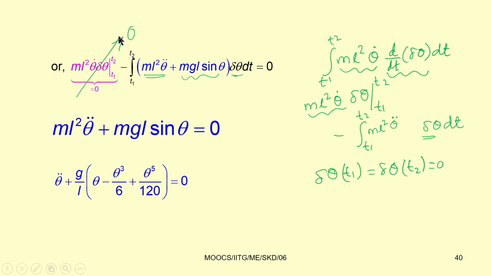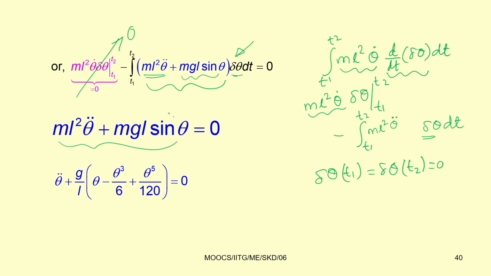And as delta theta is arbitrary, it cannot be 0, so for the integral to be 0 we must have this part equal to 0. This part is nothing but the equation of motion of the system. This way we can find the equation of motion of the system.